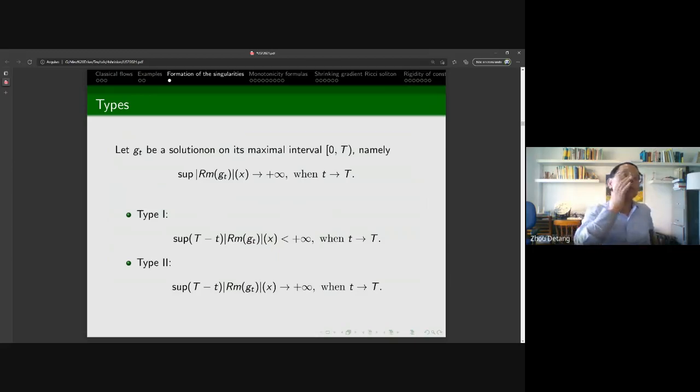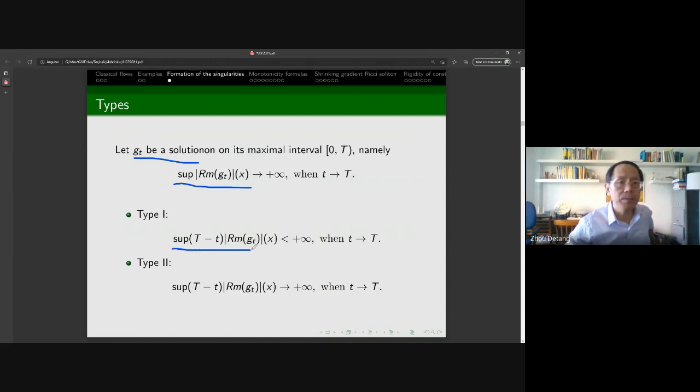The shrinking solitons are related to the type 1 singularity of the Ricci flow, which means that if you have a solution of Ricci flow on a maximal interval, then the sup of the norm of the curvature tensor goes to infinity. In this case, you have two possibilities.